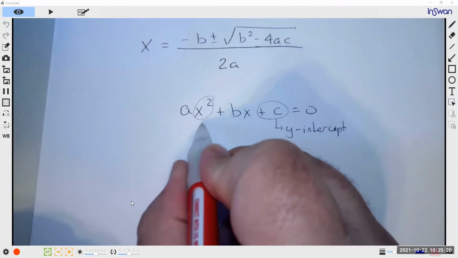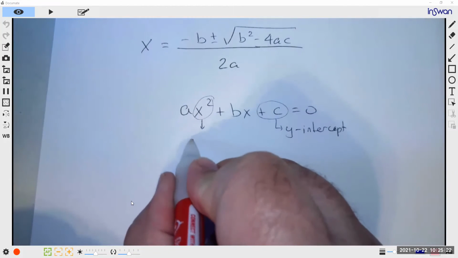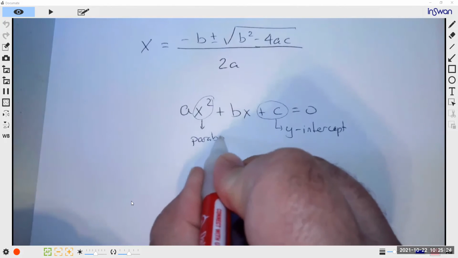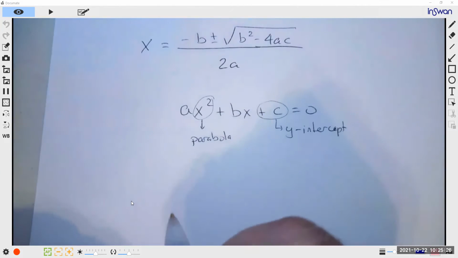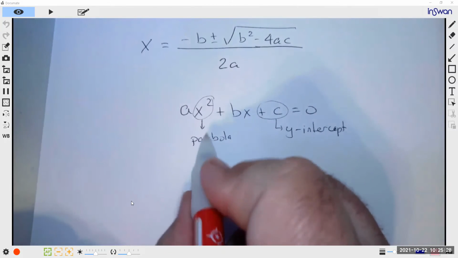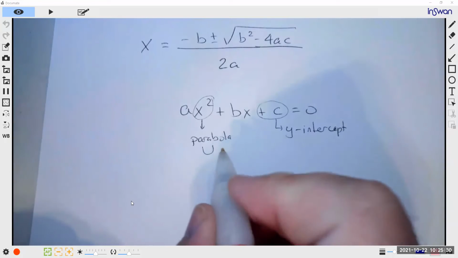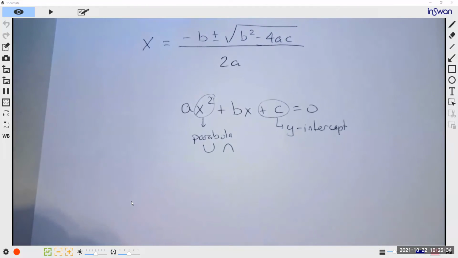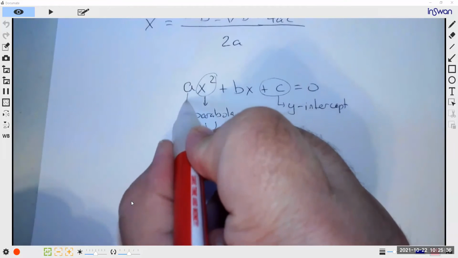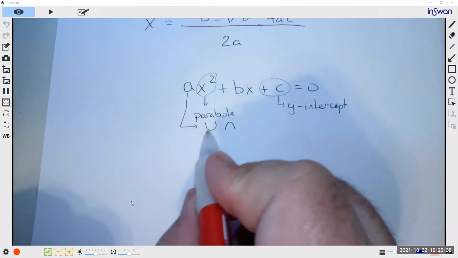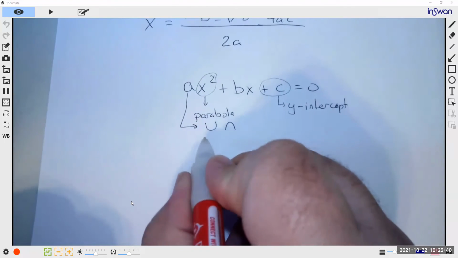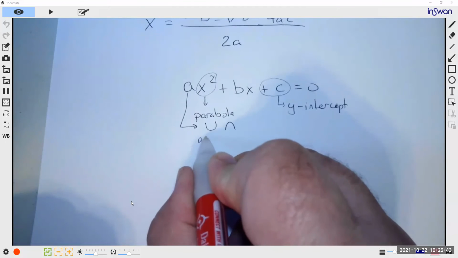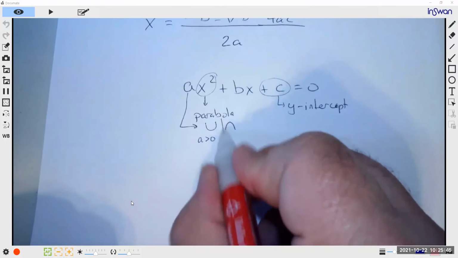This tells us the graph is a parabola. It either opens up or opens down. A tells us which one of these it is. If A is positive, it opens up.